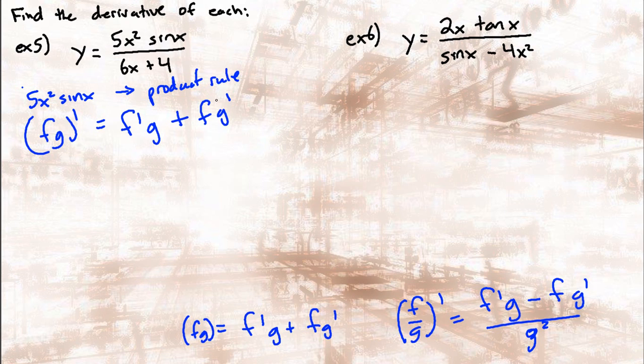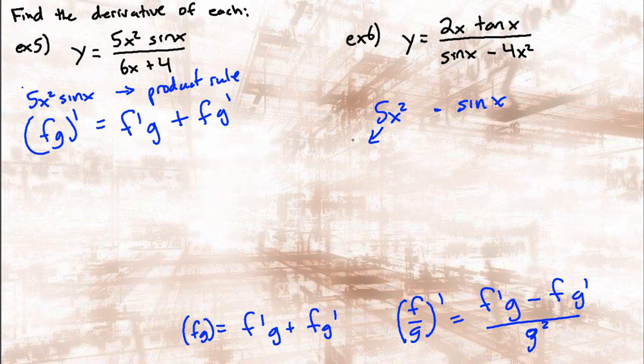Okay, so what are we going to do here? Well, we are going to go ahead and do the product rule on the numerator. For now, I'm going to ignore the denominator because I want to find that derivative all by itself. I'll work over here because it'll be easy to delete. So, using the product rule, the first thing is 5x squared and the second thing is sine x.